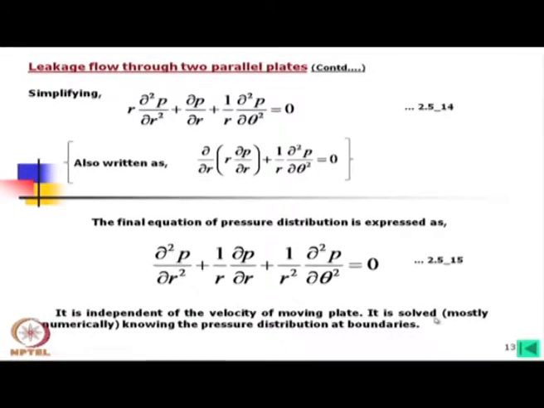What is there is that it is independent of the velocity of the moving plate. We have considered a fixed plate, and another plate is moving. We have considered the fluid velocity due to this drag, but while we arrive at the pressure distribution equation, we find that it is independent of u.